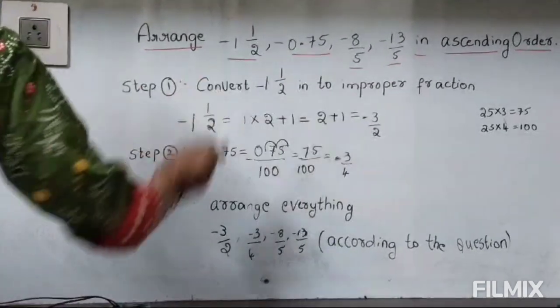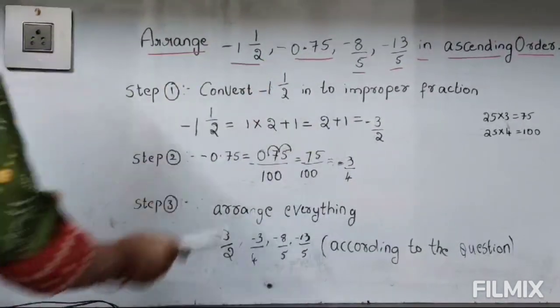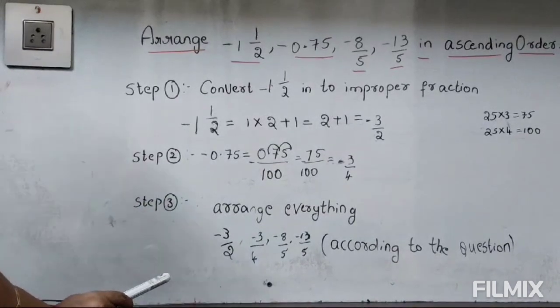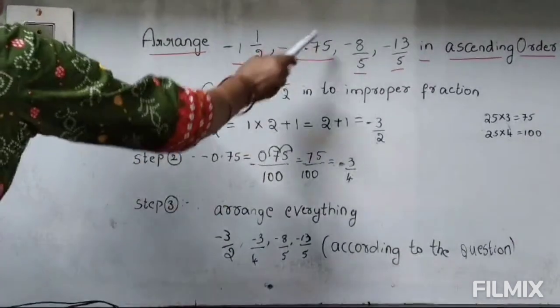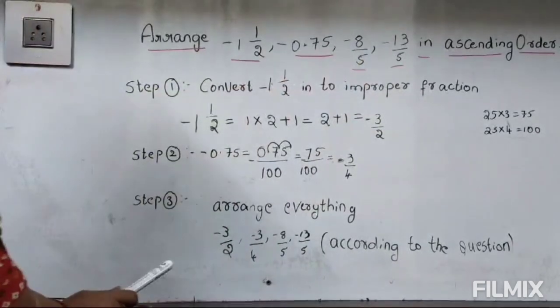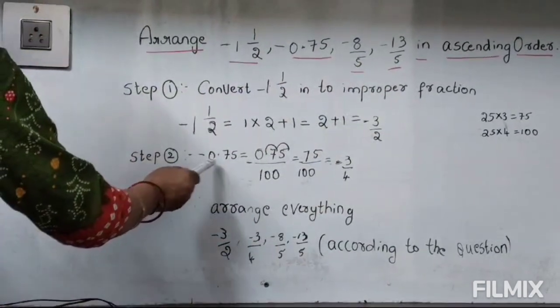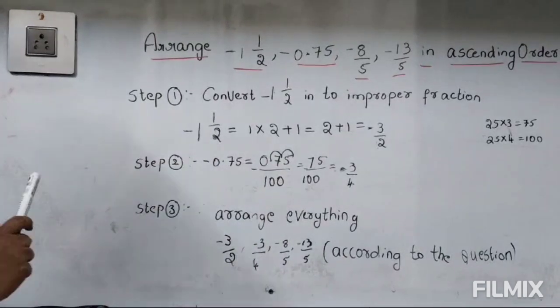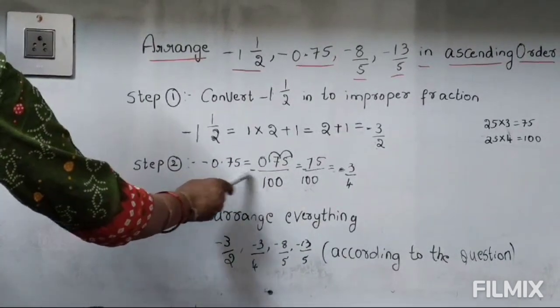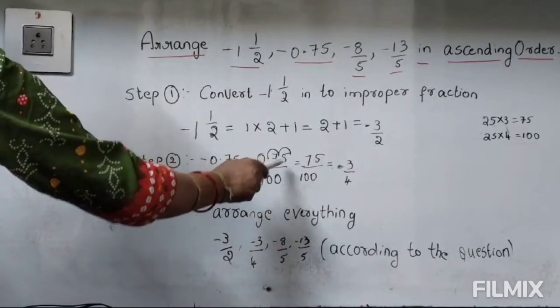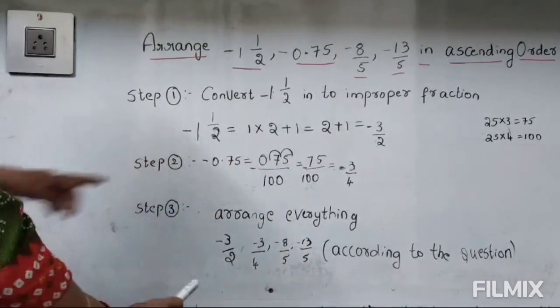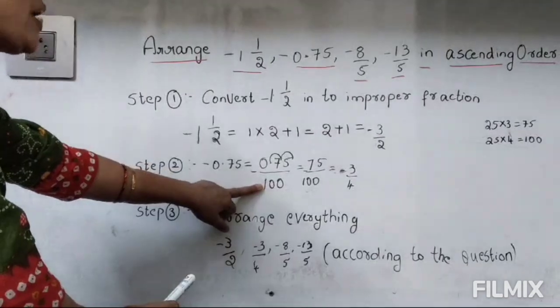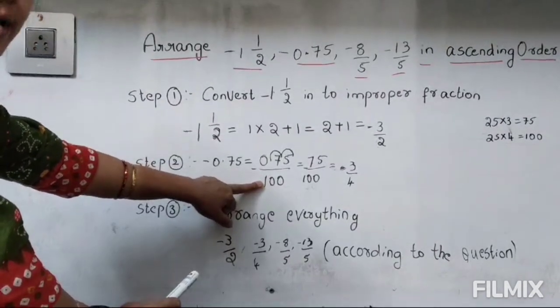Let's take this one, which is in decimals. How will you convert it into a fraction? You have to bring everything to p by q form. So minus 0.75, retain that minus as it is, equals 0.75 by, if nothing is there, you have to consider it as 1.